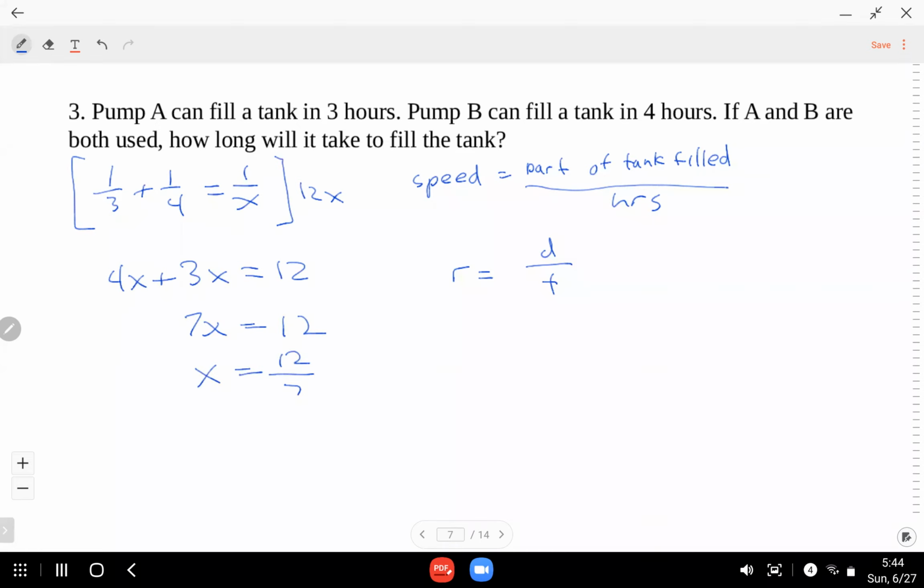And if you want to try it, you can also put 2 in there and you'll get 24 over 14. It's the same thing. So that is how we derive this equation.